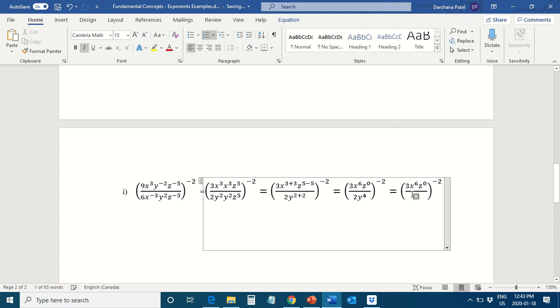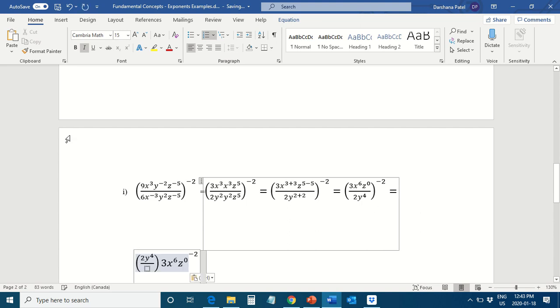Numerator will become denominator, denominator will become numerator. No change. Everything else exactly the same. Just numerator becomes denominator, denominator becomes numerator. Okay. And then the negative 2 in the exponent will become positive.